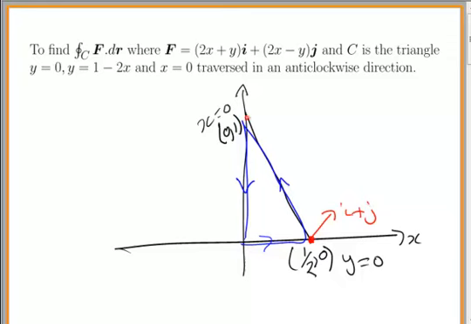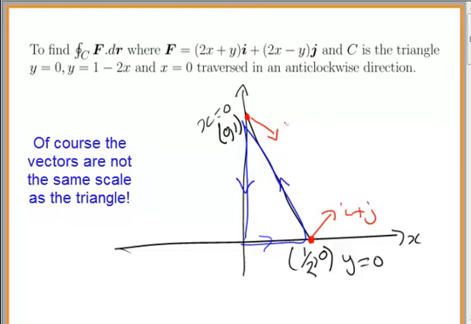What about this point up here at (0, 1)? Well, the i component would be 1, and the j component would be minus 1. So that vector is going to look like that, and corresponds to i minus j, or if you prefer it, (1, -1).